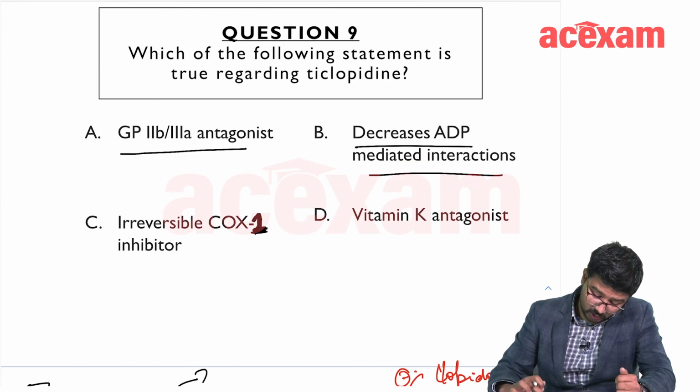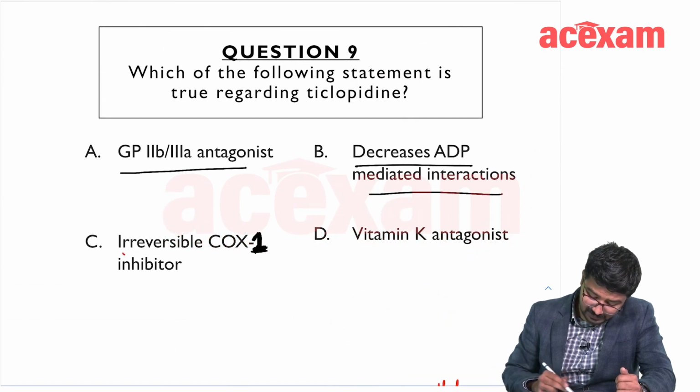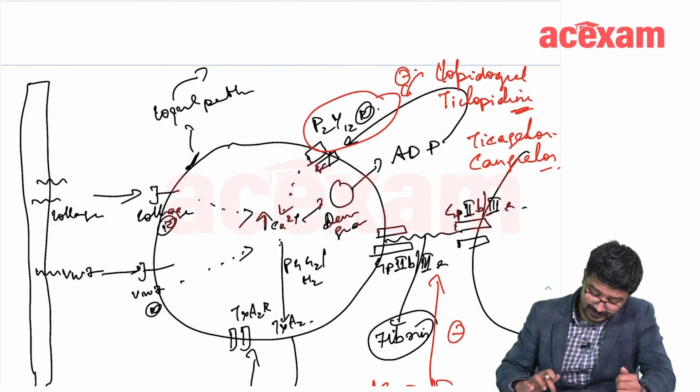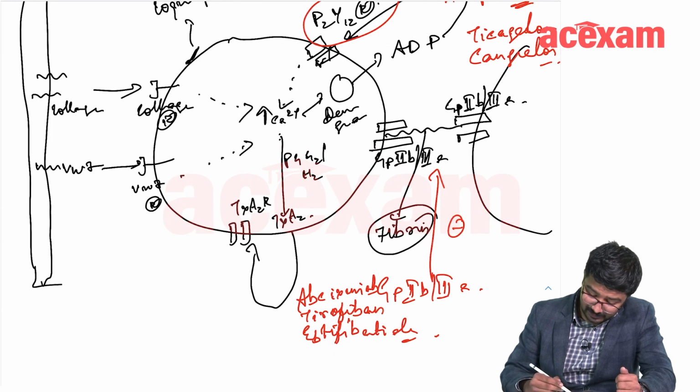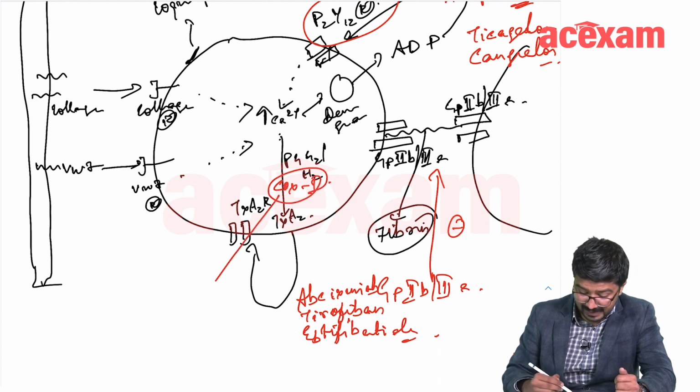And over here in the options we also had the irreversible COX-1 inhibitor. It is aspirin, which acts at COX-1 of this particular pathway, inhibiting the production of TXA2. So you have aspirin acting over here.